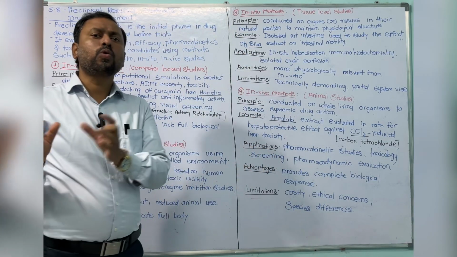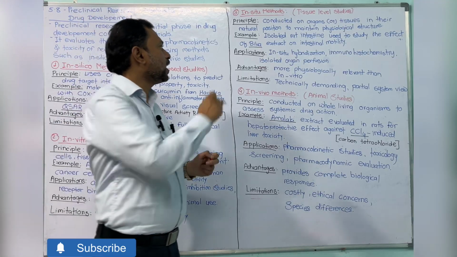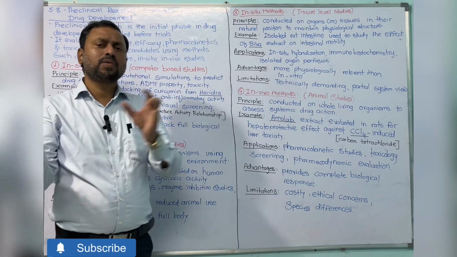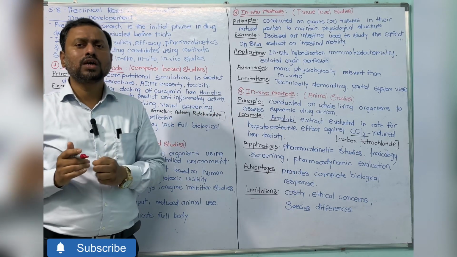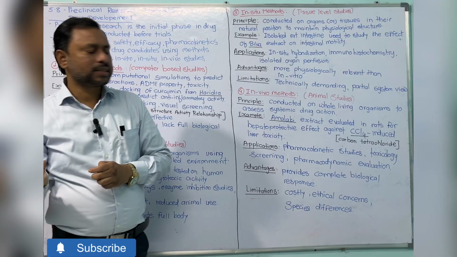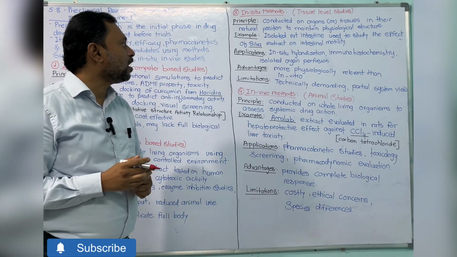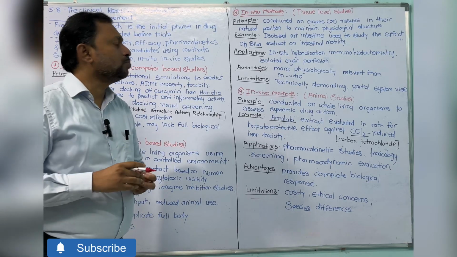In this, the protein locations are captured by these methods. Third is isolated organ preparations. It means we separate isolated organs and do experiments or research. These are the advantages or applications of this in situ method.